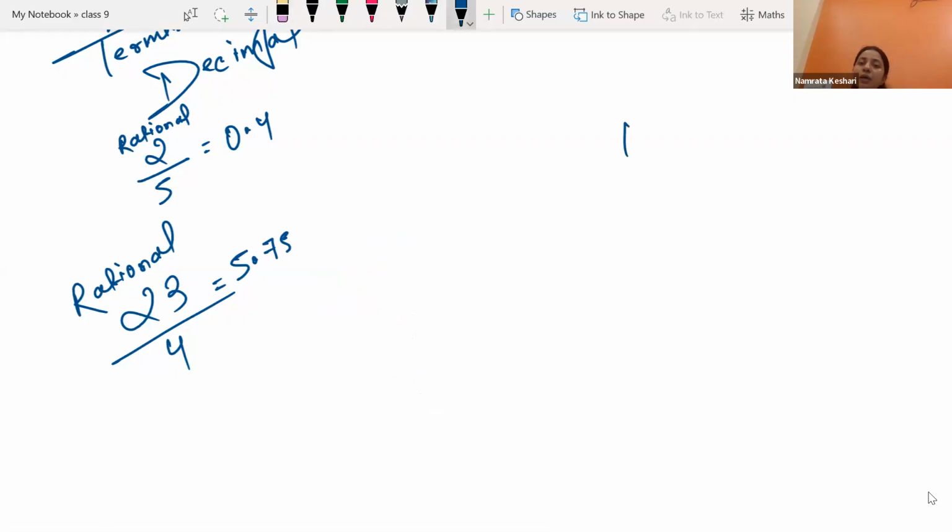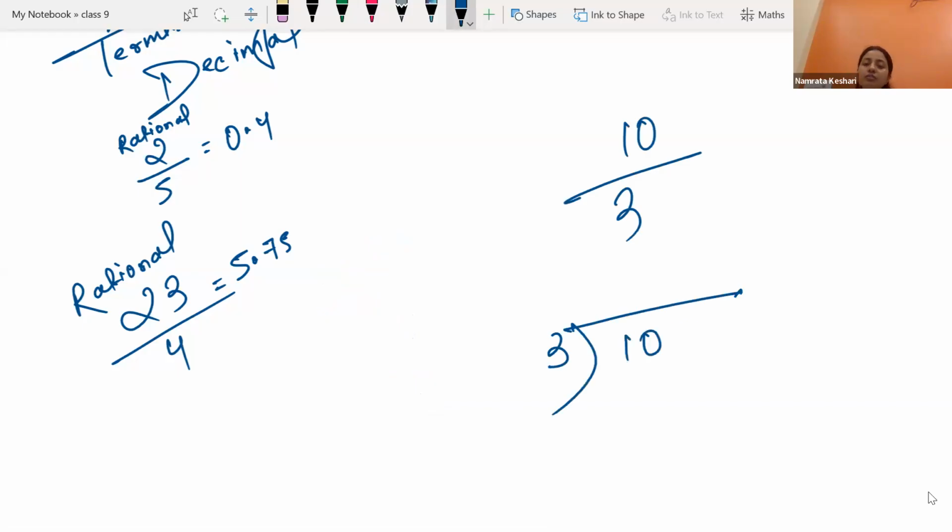Suppose you are having 10 by 3 and you are doing the division. So you are dividing 10 by a number 3. You will be having 3 times 9, right? Yes, ma'am. Some of the students say that they don't know why I'm writing 3 over there, so let me write a quotient over here. 3 times 9, remainder is 1.